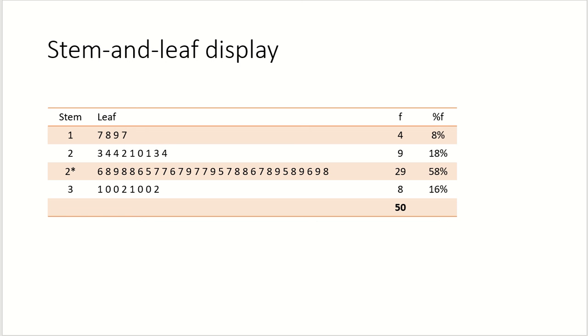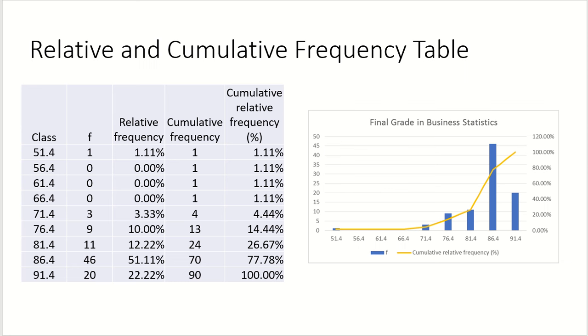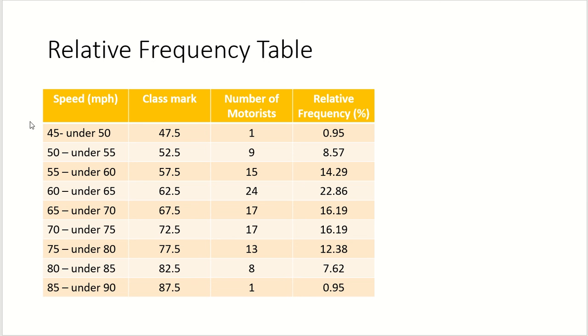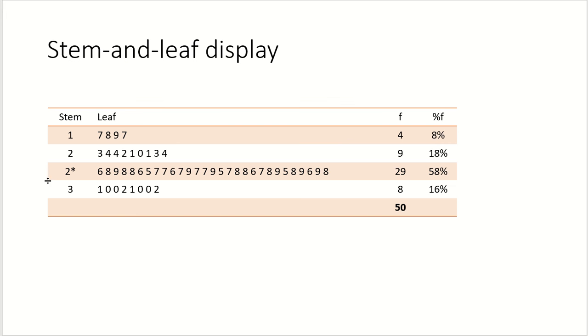Okay? So, what do you notice dito sa stem and leaf display? Yung data mo na retain, alam mo kung ano talaga yung actual value. Unlike in a frequency distribution table, hindi mo na siya alam. Alam mo lang na nandito siya sa ganitong class. Unlike dito, retain mo yun.